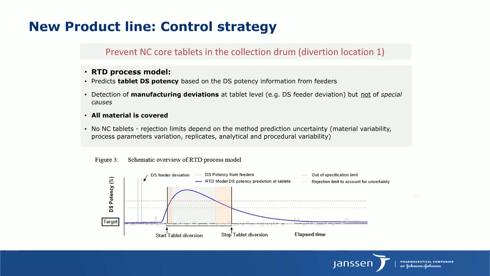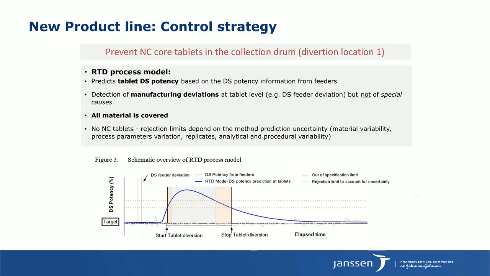Now let's take a look at the 3 different tools. First is preventing the non-conforming tablets from becoming part of the collection drum itself, diversion location number 1. We use a residence time distribution process model. This allows us to predict, based on the mass balance of the feeders, what the API concentration is at the core tablet level.